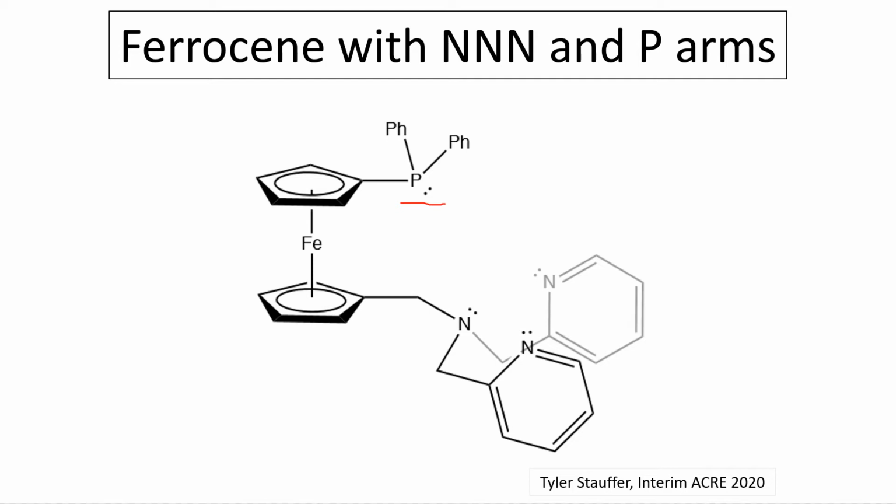This molecule has been synthesized in a previous ACRE project by Tyler Stauffer, and the limiting factor is that a smaller variety of metals will coordinate to just a single phosphorus atom than if we had a more stable coordination site there, which would support a wider variety of metals.